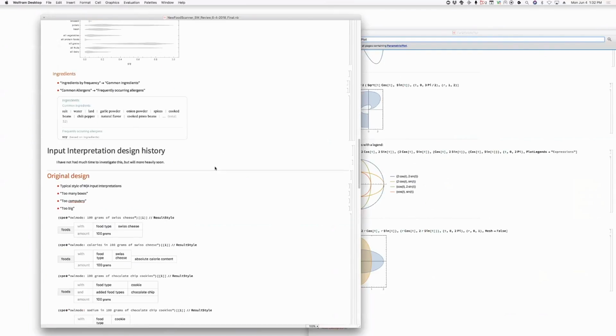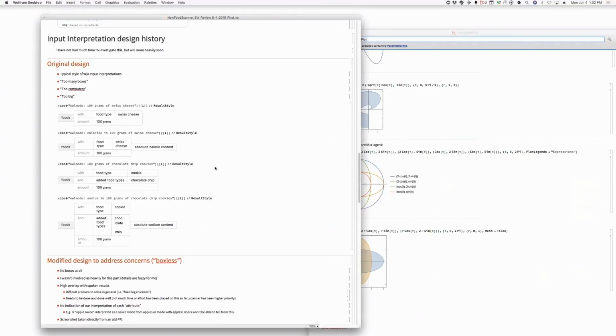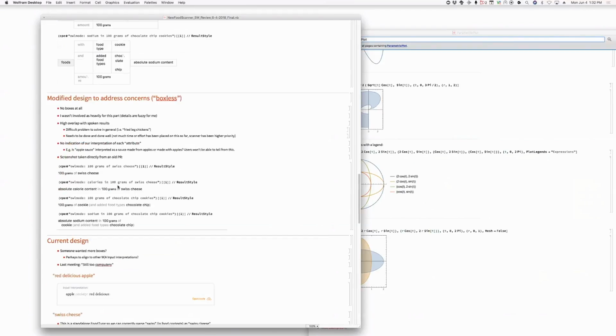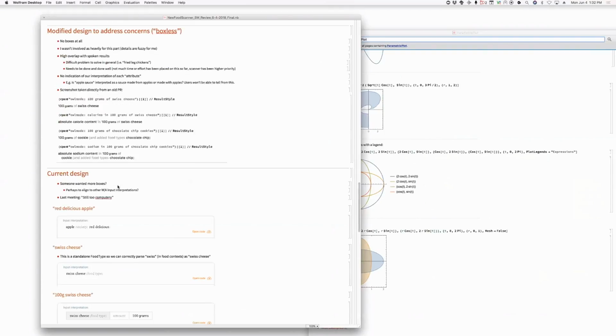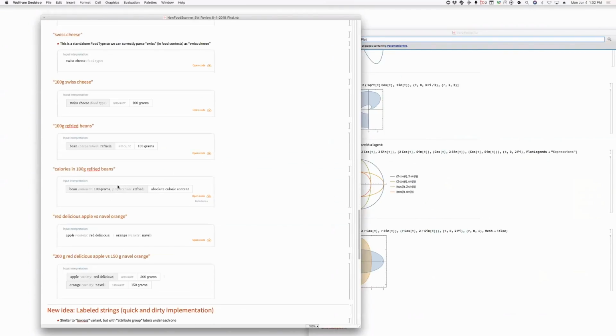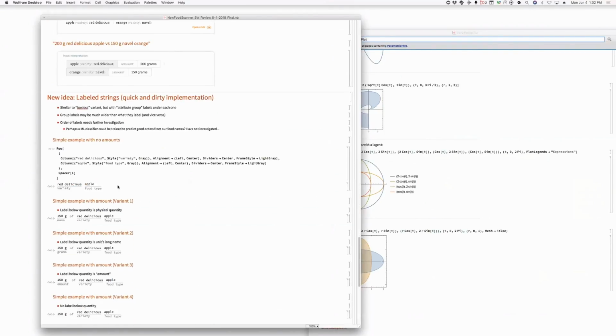Okay, let's address the main story. The main story is what the input interpretation looks like. We've been doing a variety of experiments trying to make it more natural language readable. I don't think they're working because we can't guarantee that, for example, this new suggestion, which is magnificent when we know exactly which order to put things in.